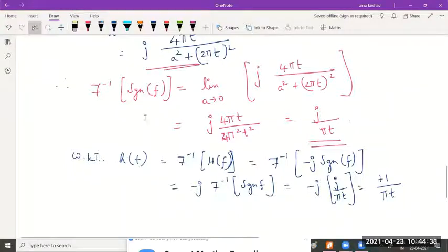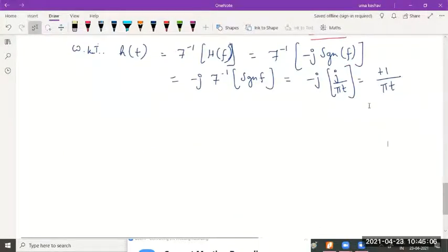That is, I want to find the inverse Fourier transform of H of f, for which we have to find the inverse Fourier transform of signum of f, and that value is j by pi t. H of t, which is the IFT of H of f, will be given as 1 by pi t.